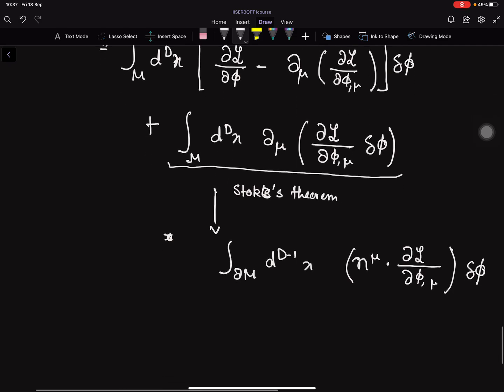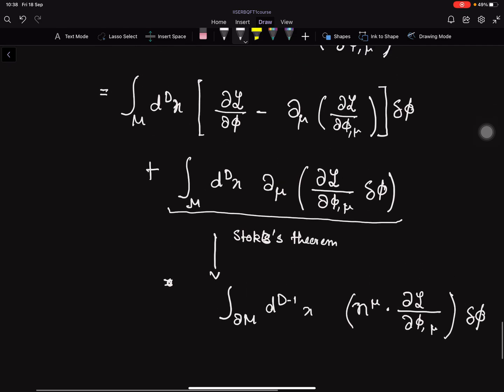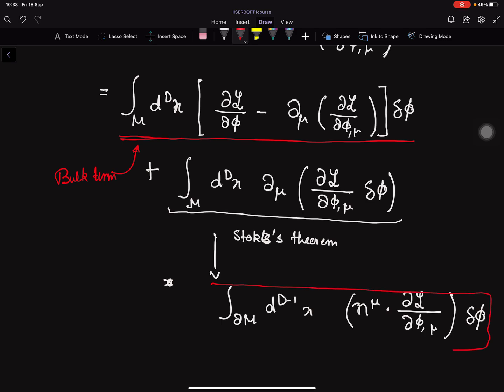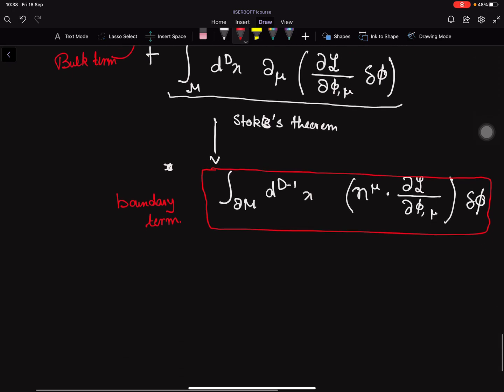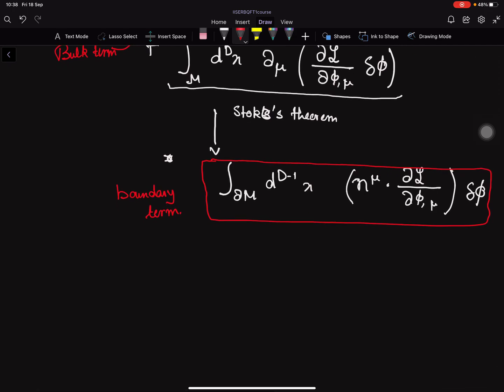So again, like the previous time, you see there are two terms now. Usually this term is called the bulk term, and this term is called the boundary term. And again the philosophy is the same.